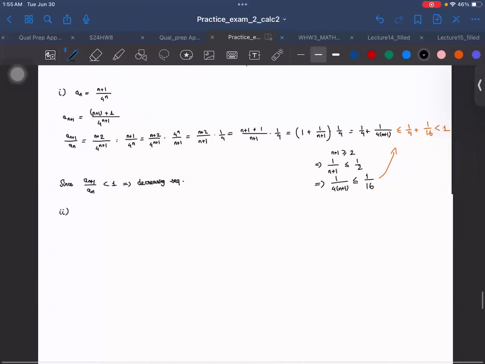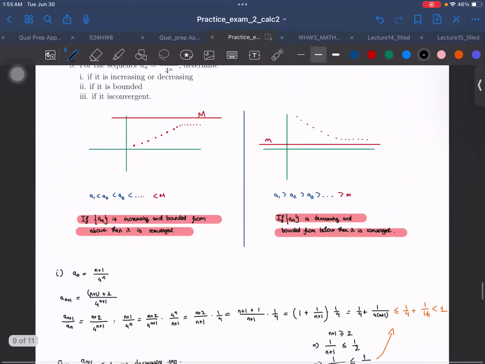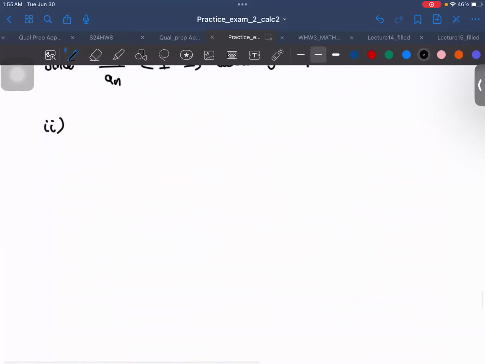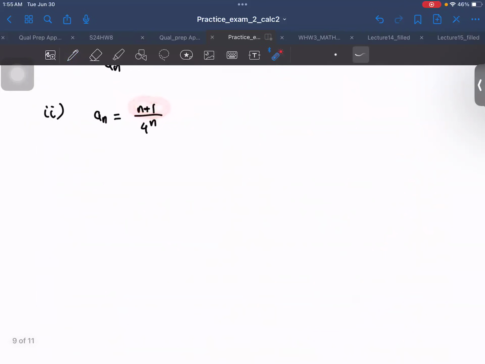Over here, you can easily see that a_n is (n plus 1) divided by 4 to the n. You can easily see that n plus 1 is positive because your index is starting from 1. So whatever value n you have, when you add 1, this thing should be strictly positive.